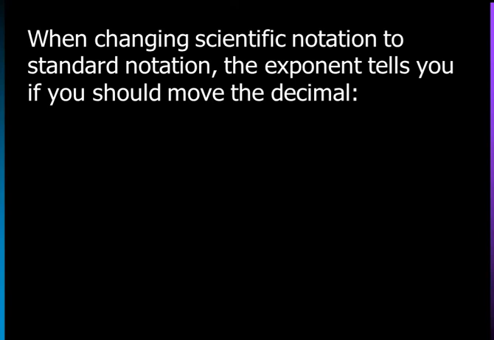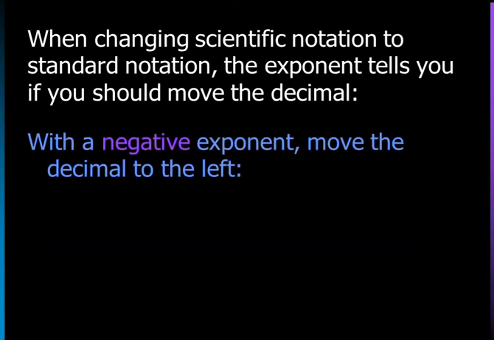When changing scientific notation to standard notation, the exponent tells you if you should move the decimal. With a negative exponent, move the decimal point to the left. Why to the left? Because I'm talking about a very small number. The negative sign tells you that your number is in decimals.